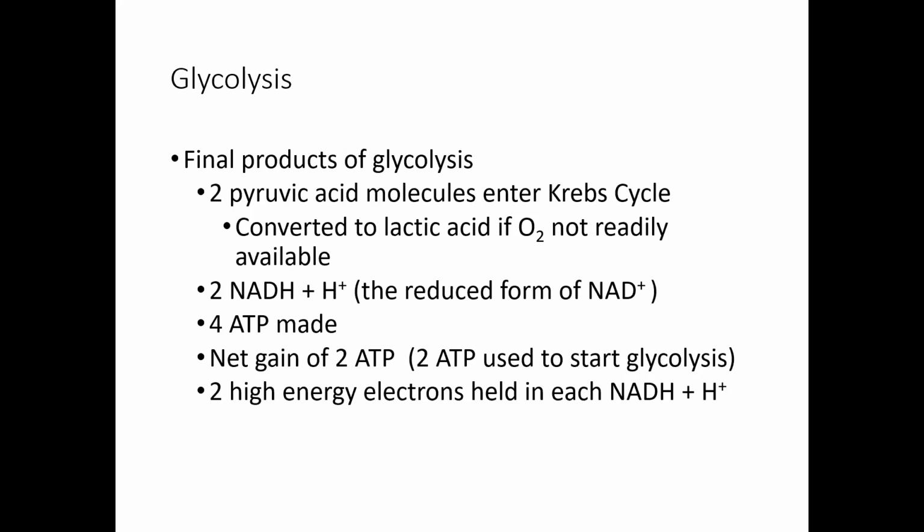If oxygen isn't present, we convert it to lactic acid. And if we've depleted all the oxygen in our muscle cells, we start building up lactic acid. Lactic acid makes our muscles hurt.